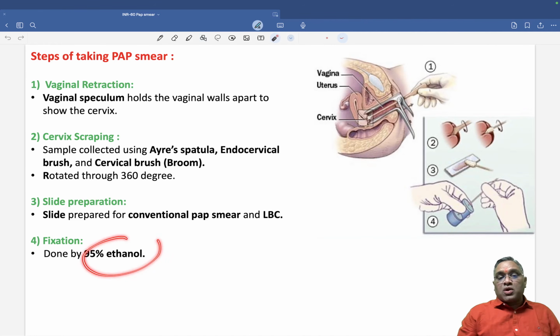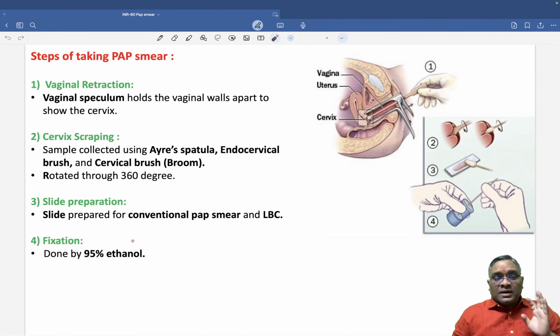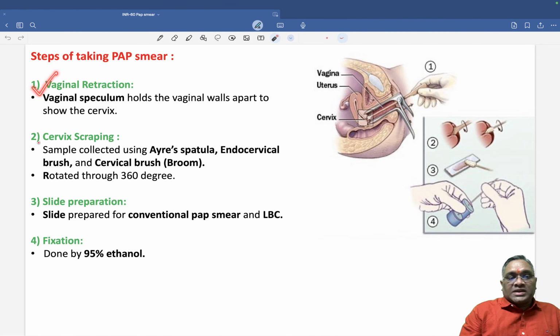Remember, this is again a very important NEET PG and FMG question: what fixative is used for cytology? Because pap smear is a cytology. What is the ideal fixative for pap smear? 95% ethanol is the ideal fixative. So: vaginal retraction, cervical sampling or scraping, slide preparation and fixation.